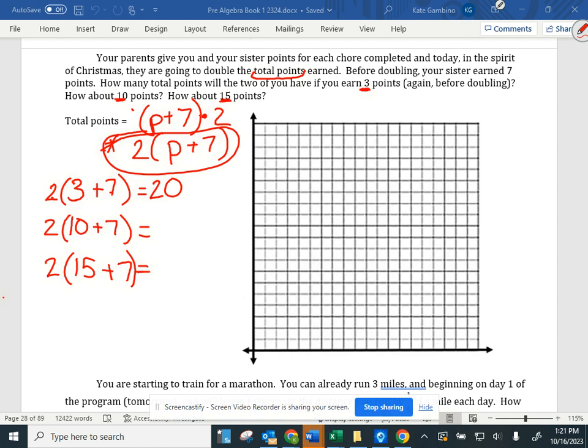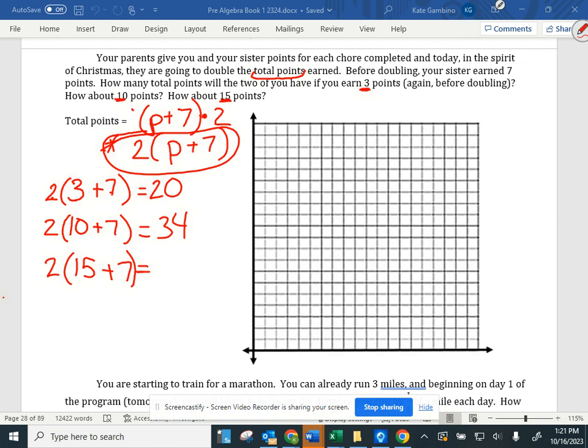What am I going to get when I evaluate my second expression? Christian, 34. 17 times 2. What do I get for my next expression? Henry. 46.